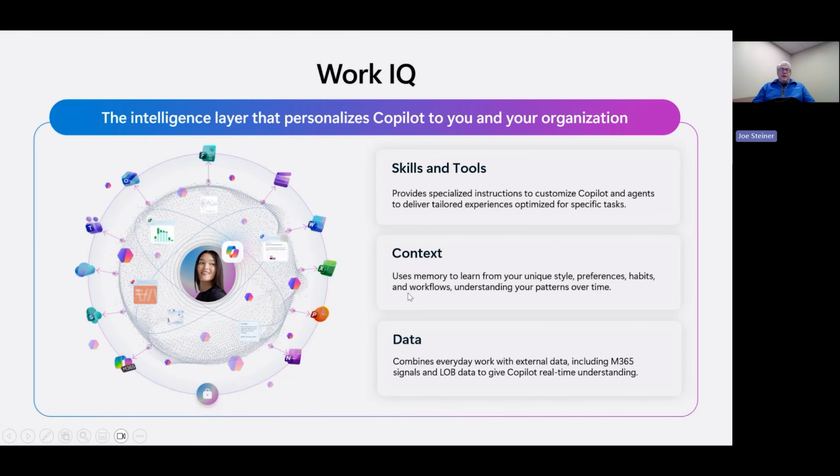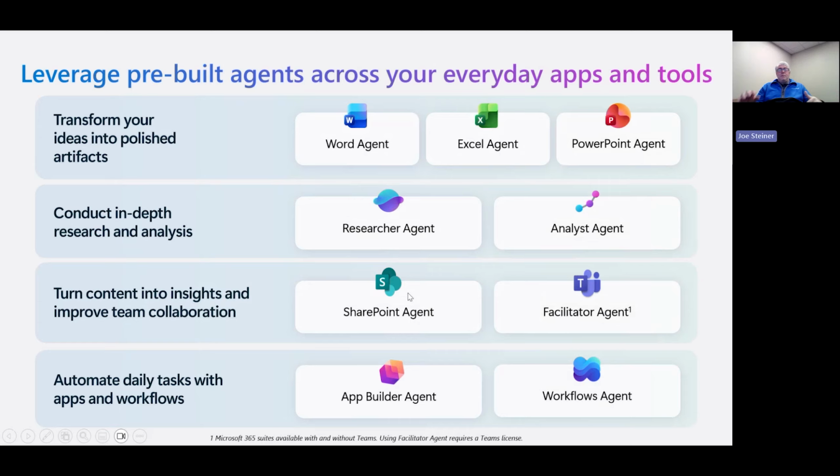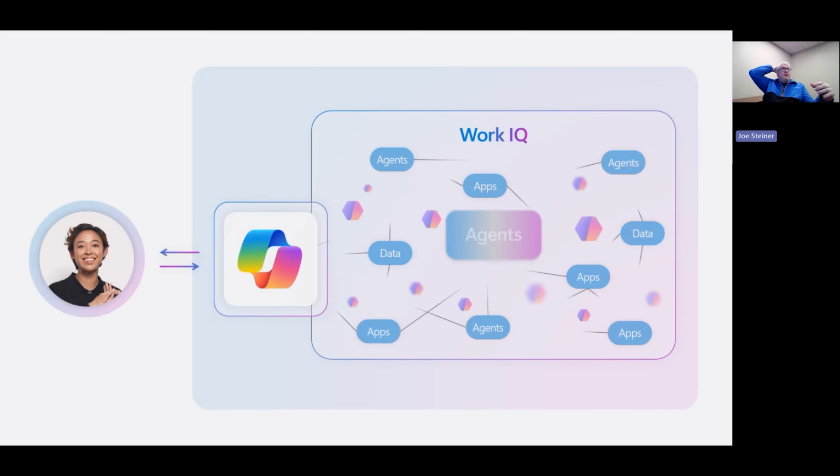When we talk about Copilot, it's not just Copilot in the web or Copilot, the app you may have. Copilot's embedded in many places, whether that's in the Office applications with Word, Excel, and PowerPoint. And also then, obviously, within those, you have certain agents that can be leveraged. The Researcher and Analyst are pre-built ones that can be used there. You also have agents within SharePoint and within Teams that can be leveraged, as well as using agents to build apps and workflows, all of which can access that Work IQ layer that resides underneath within Copilot.